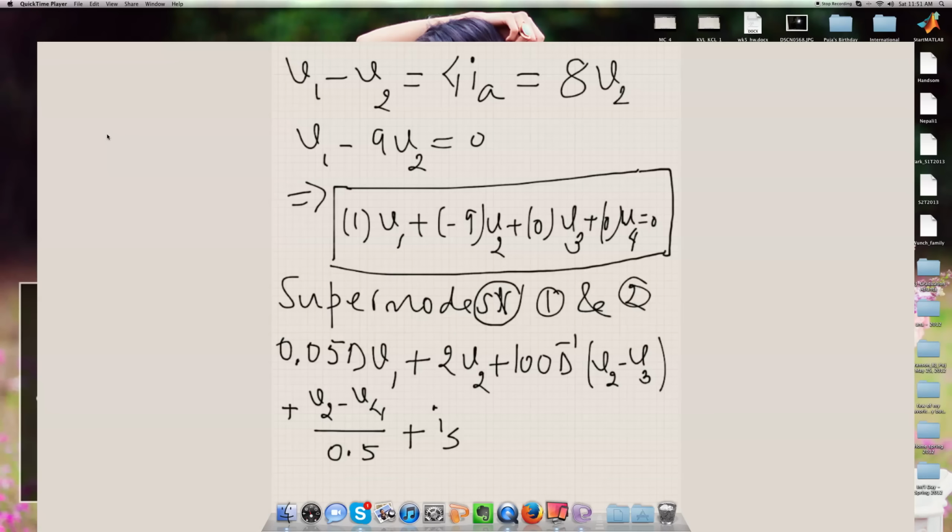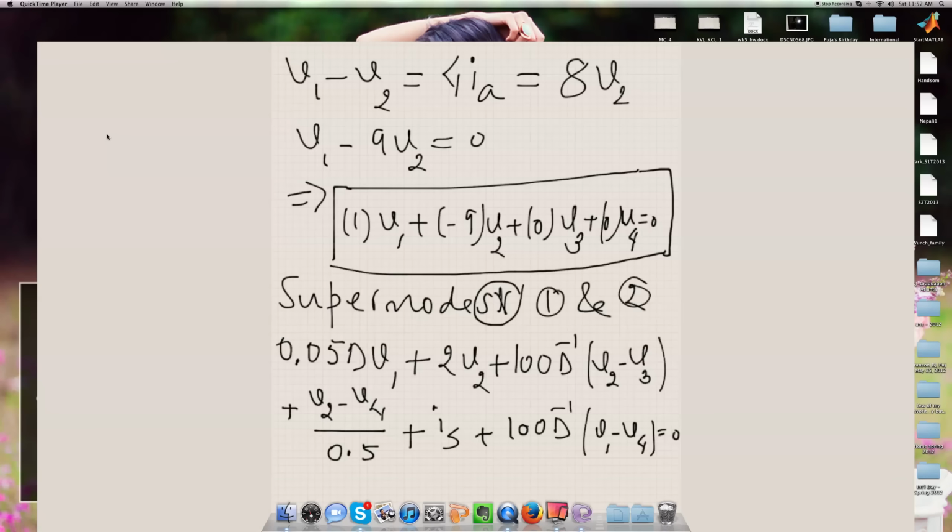Again, that will be 1 over L, so 1 over 0.01 is plus 100 times the integral of the voltage drop, V sub 1 minus V sub 4. That will take care of all these branches connected to the supernode. We have 1, 2, 3, 4, 5, 6 legs connected, so we got all of them counted.